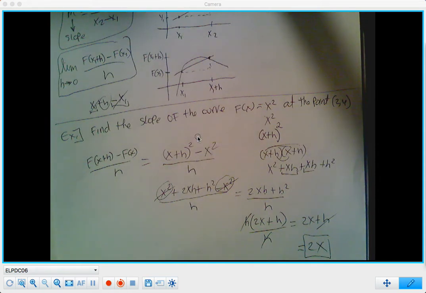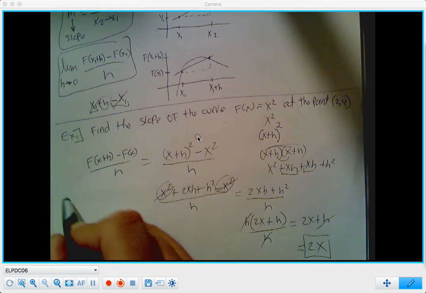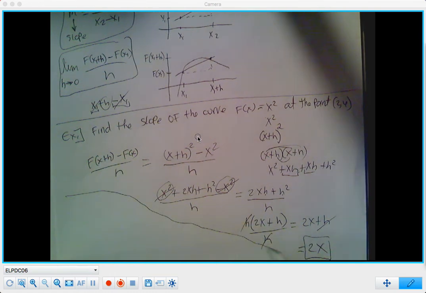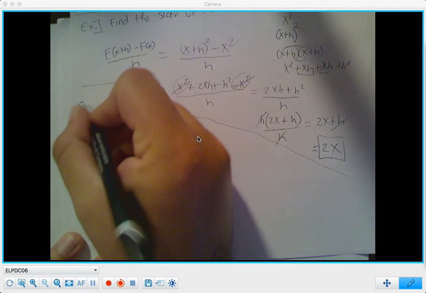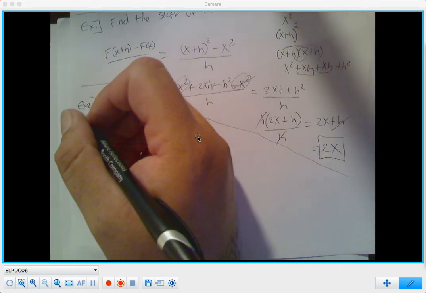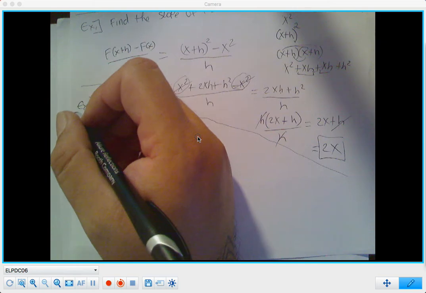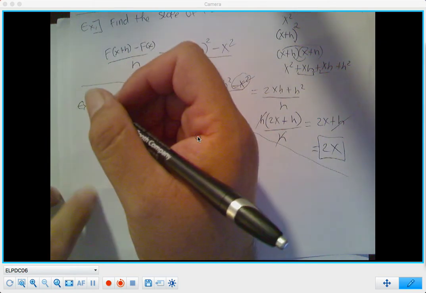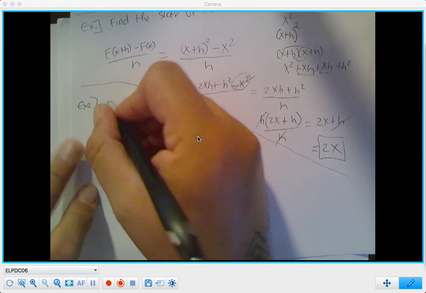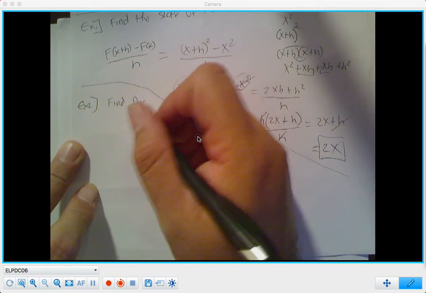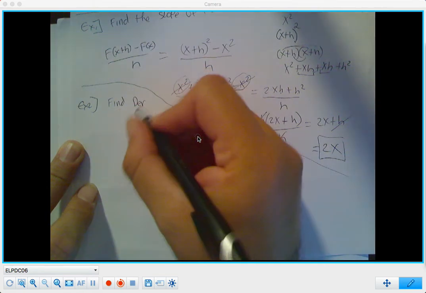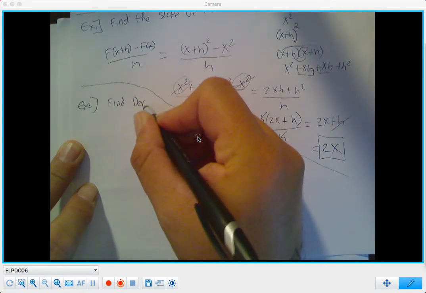Okay, let's do another one. I'm gonna do it here. Example 2. Okay, so example 2 says find the derivative.